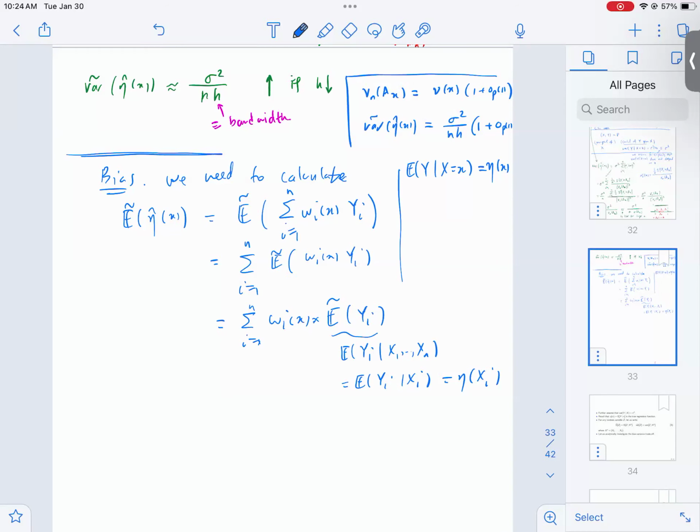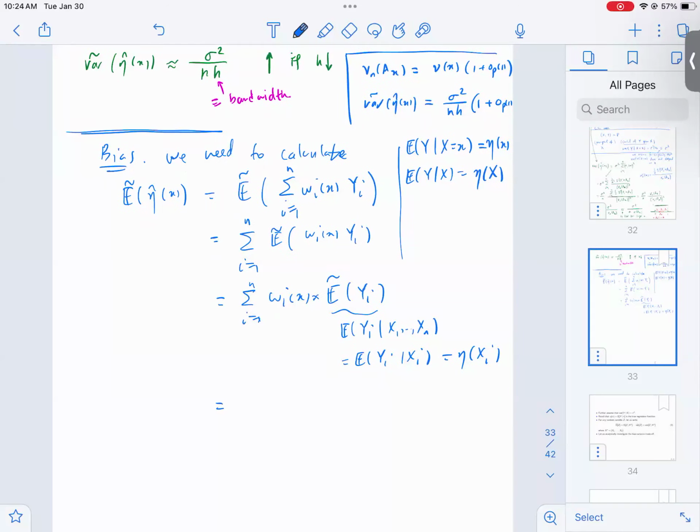Expectation of y given x_i is the same conditional mean: a single function, evaluated at x_i. So we end up with something like that: the sum of w_i(x) times eta of x_i.